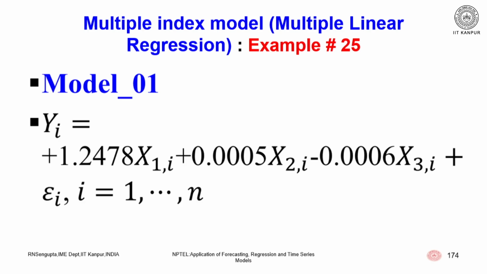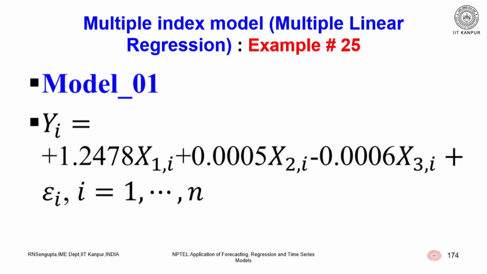For the R square analysis, I will come to that later. Now, the actual model 1 becomes yi equals 1.2478, then the second term, beta 2 is 0.0005 into x2, minus 0.0006 into x3. So beta 3 is minus 0.0006, and the error term is there.